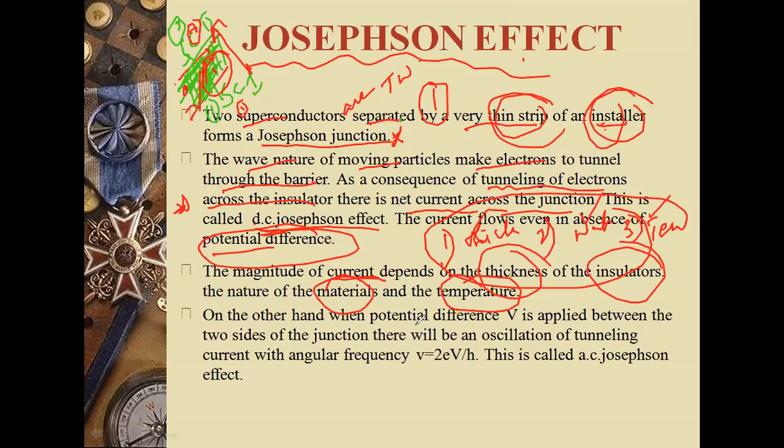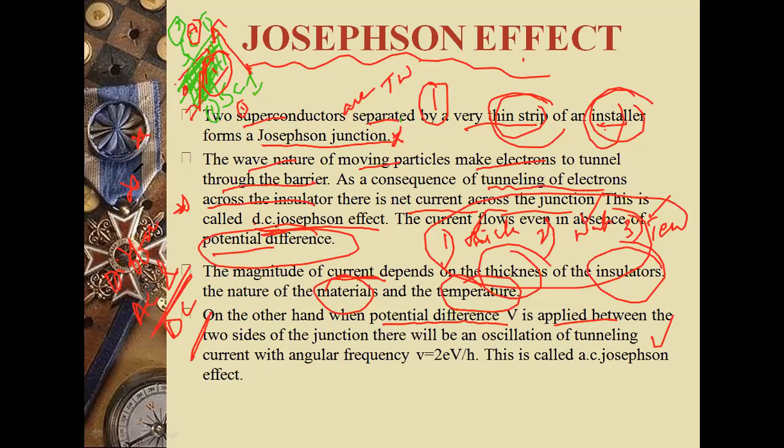On the other hand, when a potential difference is applied across the two sides of the junction, there will be an oscillating tunneling current. This is called the AC Josephson effect. Very, very important, beta. What is the difference between the AC and DC Josephson effect?